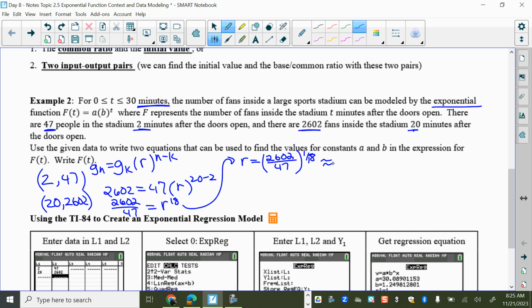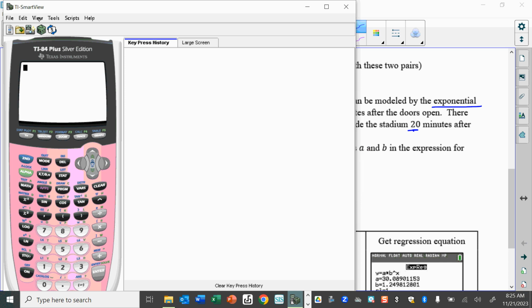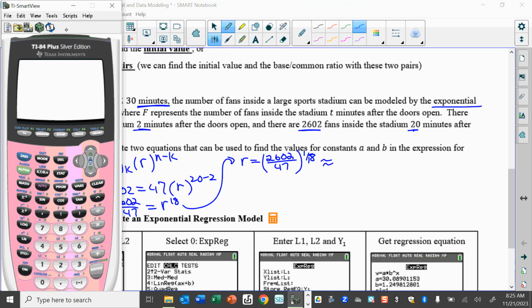So just make a fraction, or put it in parentheses, and do division, and then put 1/18th power. Very good. 1.2498, so keep as many decimals as possible.